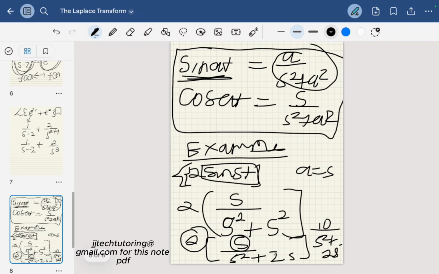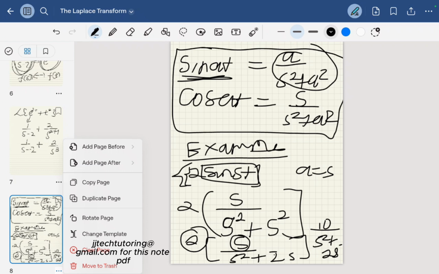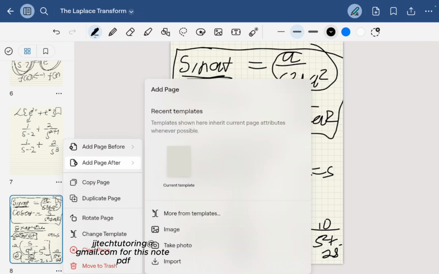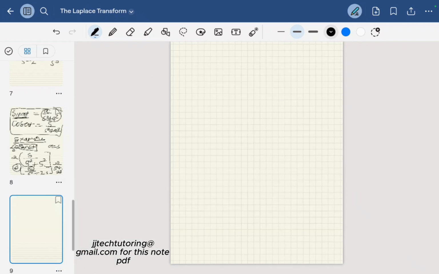Right. Now, what else do we do? We do the one for cos. What can we do for cos? Let me add a page and see what I can do. I can say 8 cos 2t, right? Then let us find the Laplace transform of that, right?